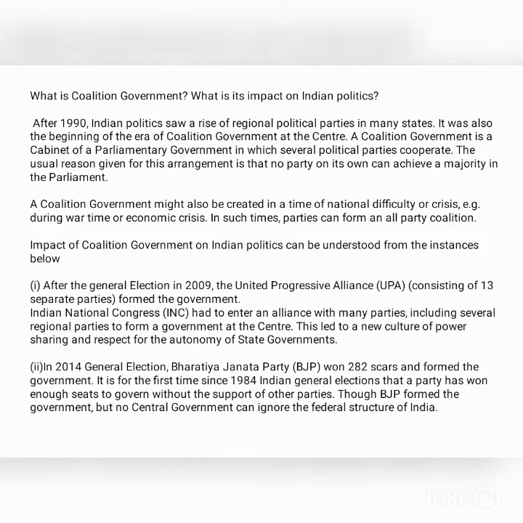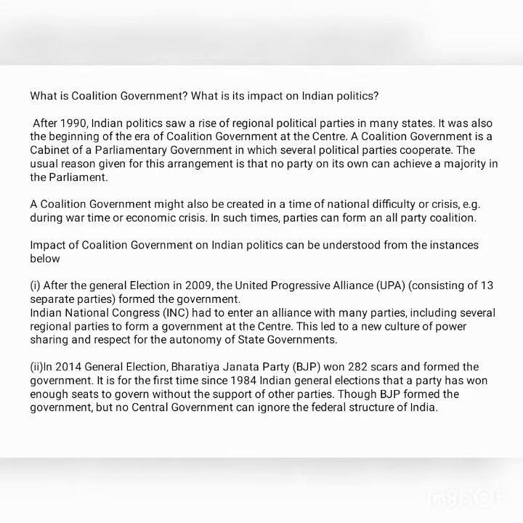So this led to a new culture of power sharing and respect for the autonomy of the state governments. So when we talk about the coalition government, it has paved the way for power sharing between the center and state and respect for the autonomy of each state government.